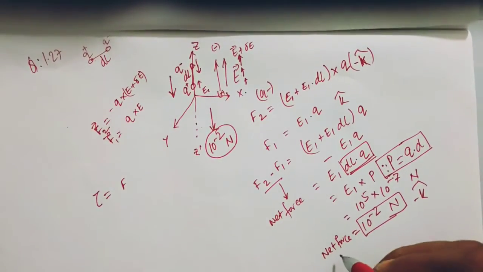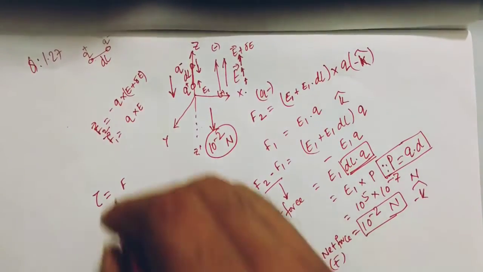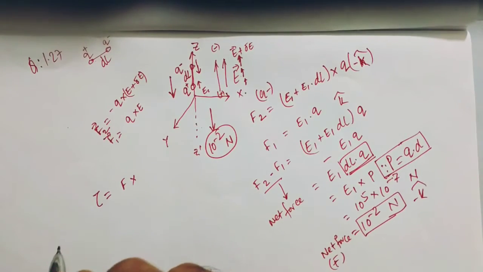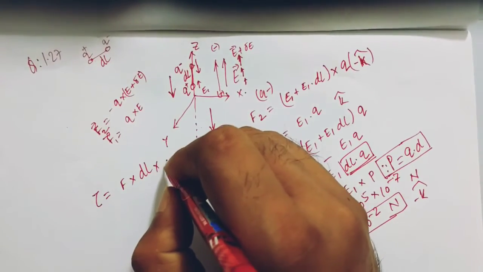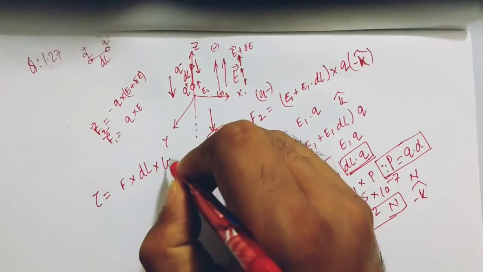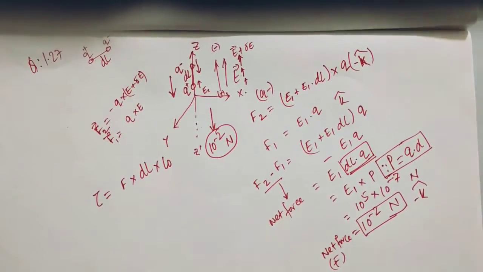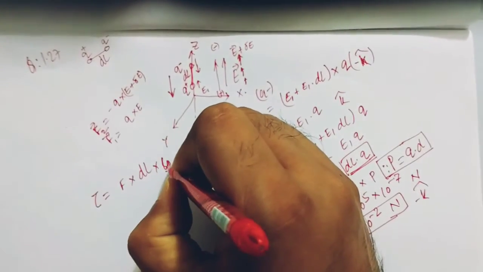Suppose we have got the net force F, and F into this one, the net force, and this is d, the dipole length, dl, and this is the product.